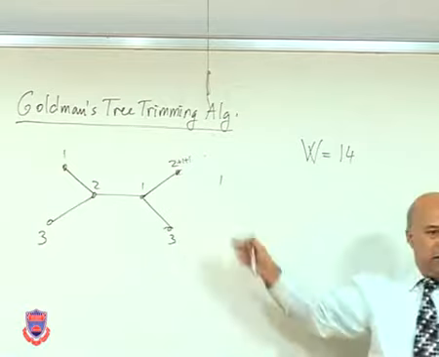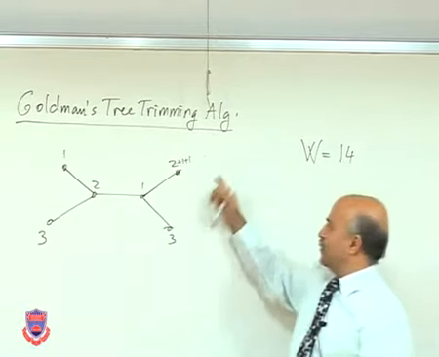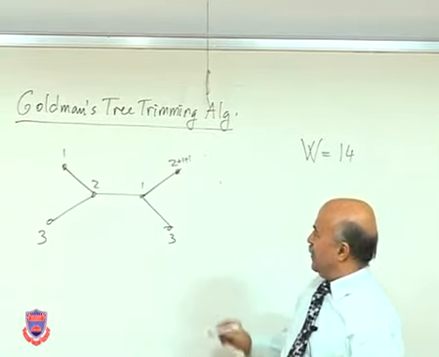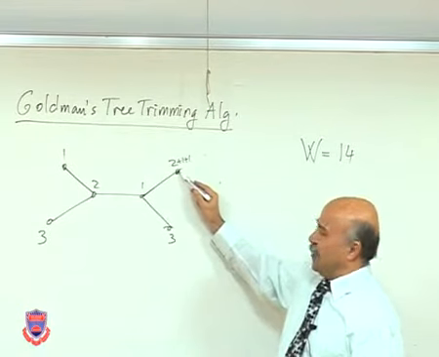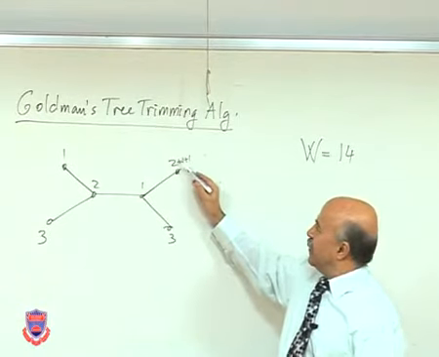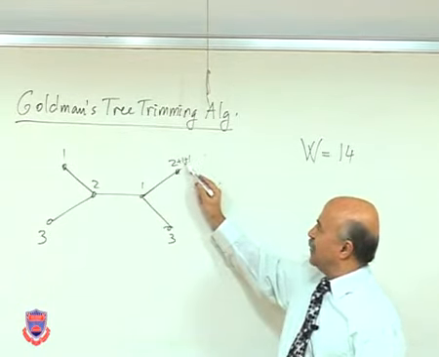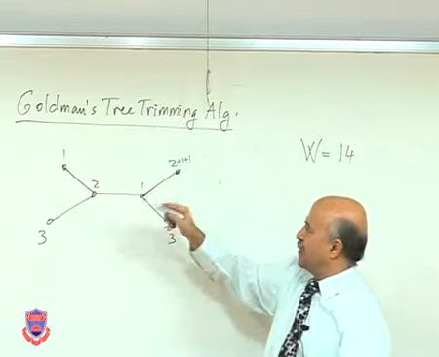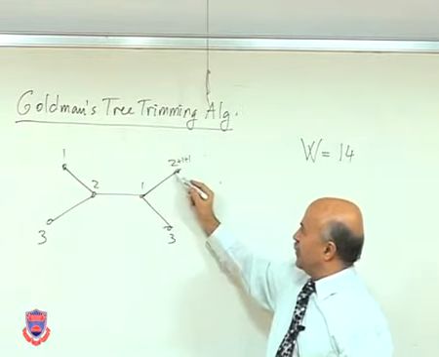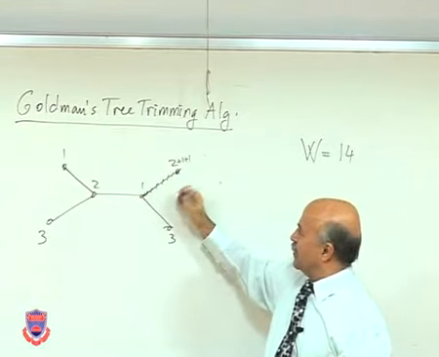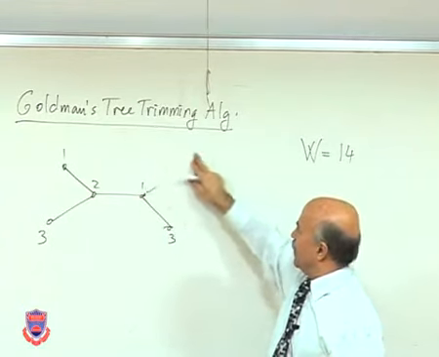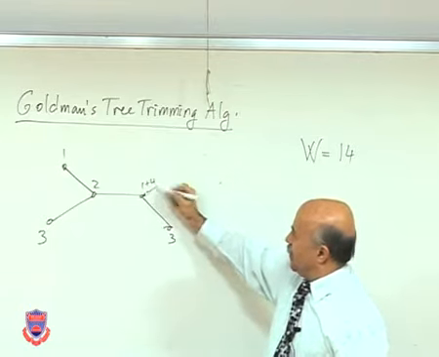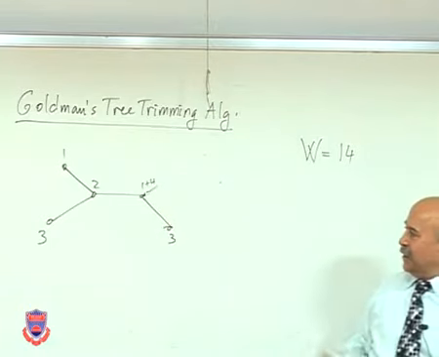You don't have to erase these things, you can just cross them out. And then what else? You look at this one, for example. That's still less than half of the weight. It's only 4, whereas 12 is on this side. So you delete that and add that to that.